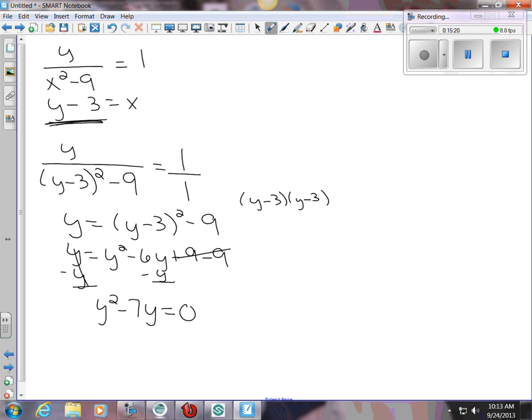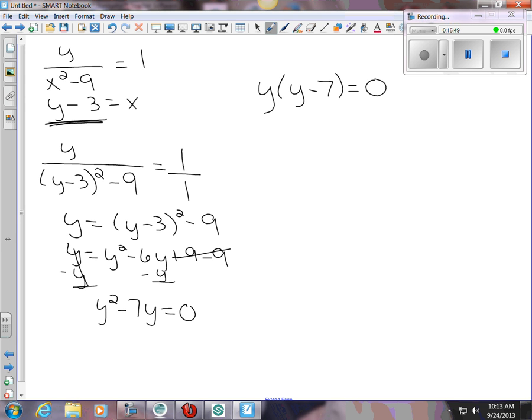So we get y squared minus 7y equals 0. That's a good question. GCF. What's my GCF? Good. y. y minus 7 equals 0.